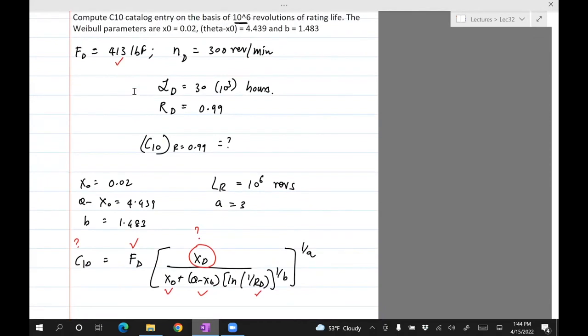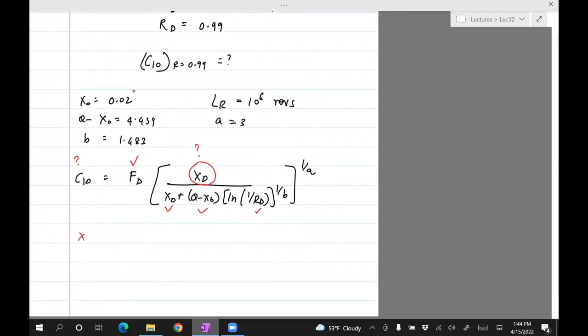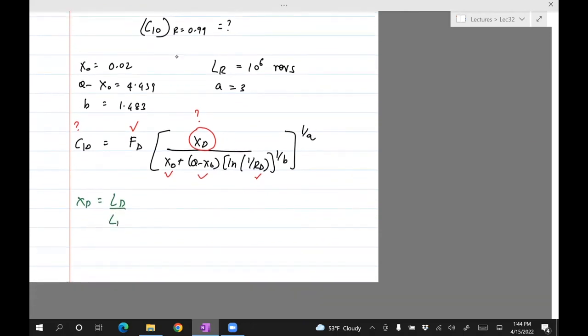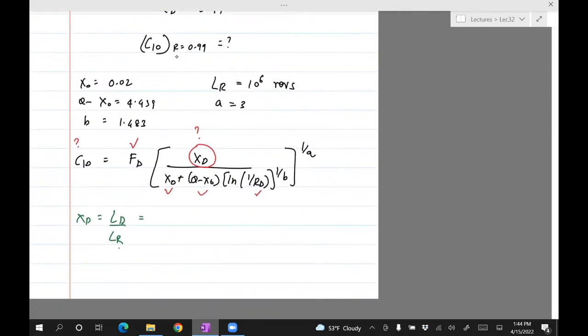So what's the definition for XD first? XD is LD divided by LR. Okay, it's the normalized value for the life. So we always divide the desired by the rated life. LD is not given, but the abbreviated LD is given. So let's relate them.